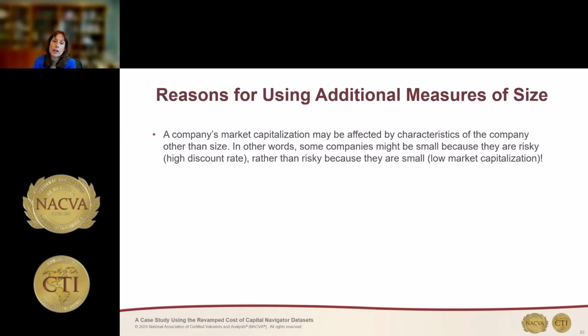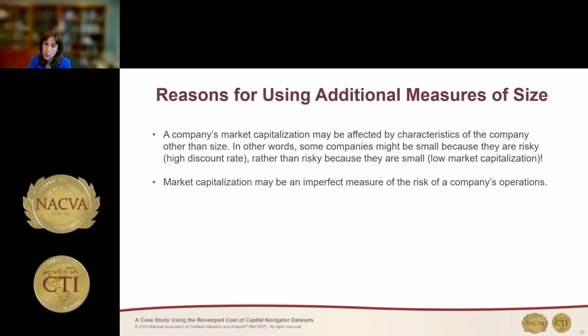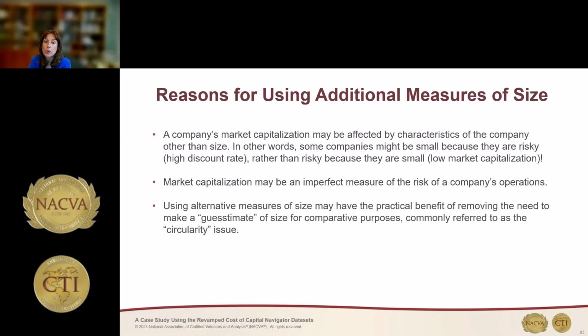And so the question there is, sometimes the market cap could be understated because the company is in distress. That's an example of where things might not work. And the other thing is, you have to guess where you are, right? There's a circularity issue there. So at the end, you want to make sure that when you arrive at a conclusion for the value of equity, it still fits the bucket that you picked.